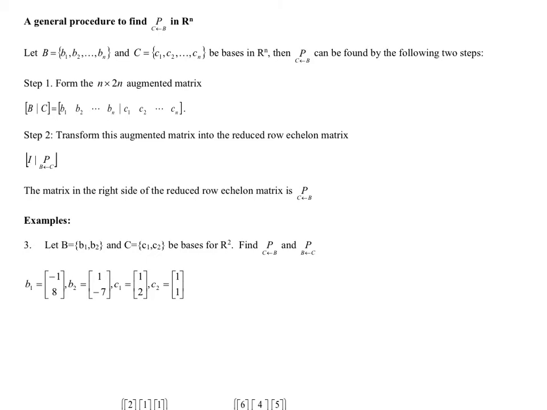So we're looking to get the identity matrix, form the n by 2n augmented matrix, and then transform this augmented matrix into reduced row echelon form. All right, so it'll look like this. The matrix to the right side of the reduced row echelon form is the transformation matrix, getting you from one basis to another. That's how you come up with the multiplier that allows you to go from one basis to another.